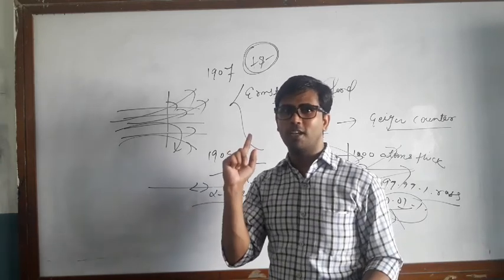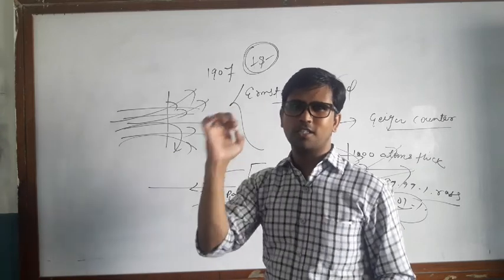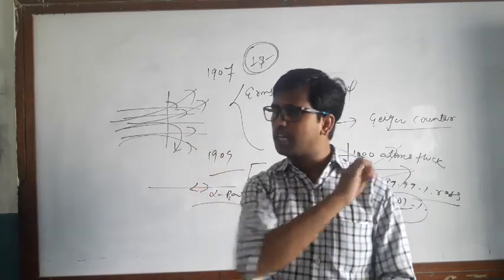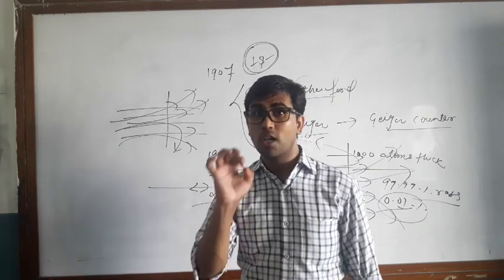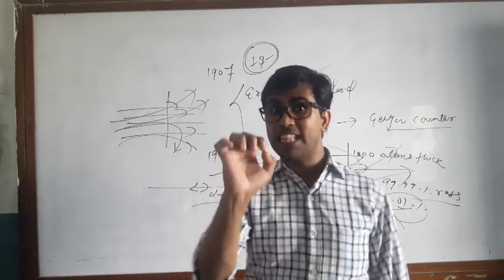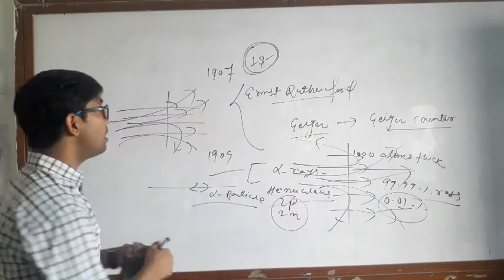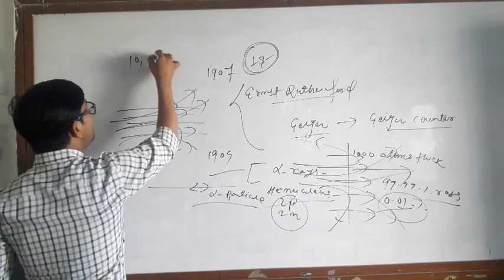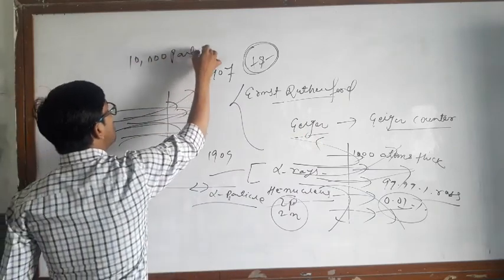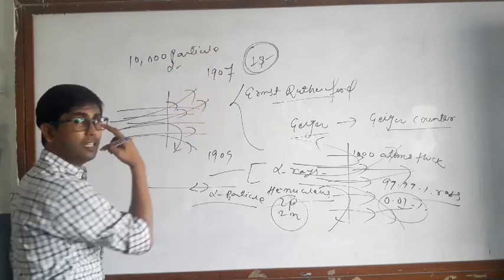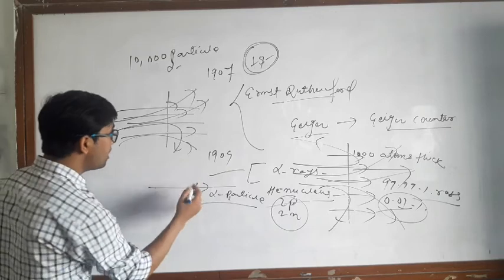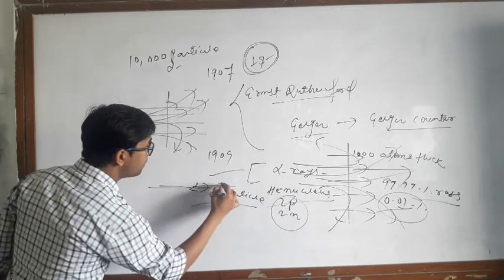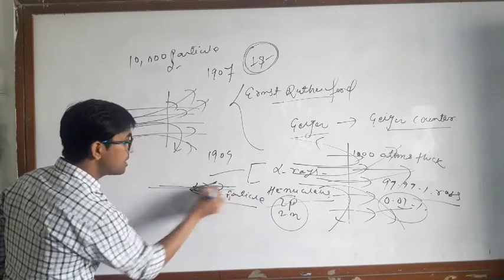But one day, he got something which was going to change the entire realm of chemistry. He saw that in every 10,000 alpha particles, one alpha particle was seen going up and returning into the same line.